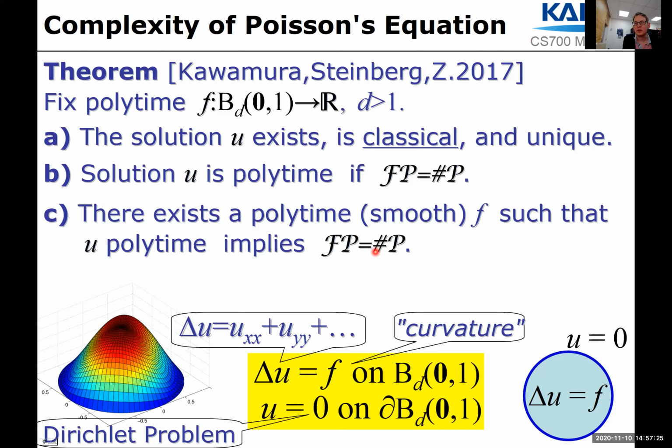So this is what we mean when we say Poisson's equation characterizes sharp P in shorthand.